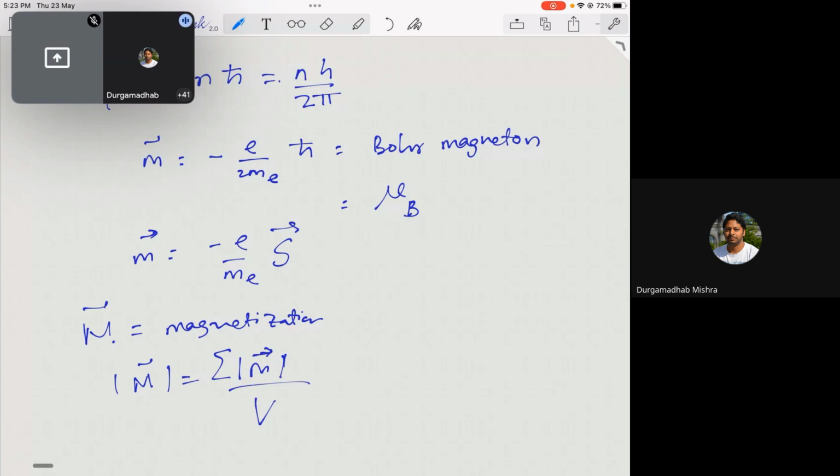Okay, so based on this magnetic moment, one can understand the origin of diamagnetism, paramagnetism, and ferromagnetism.